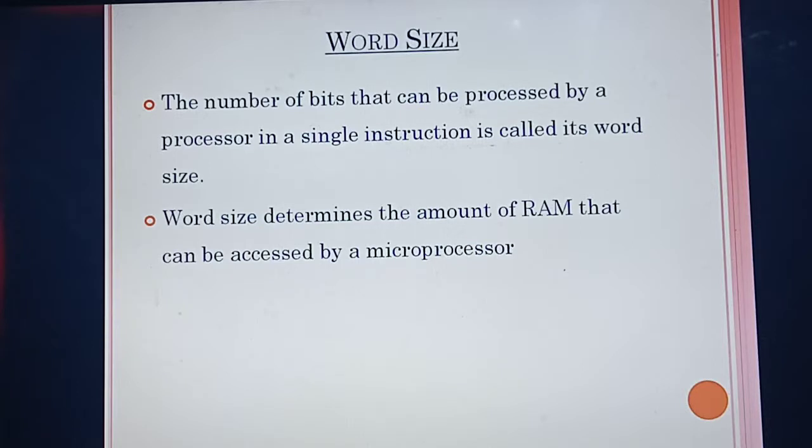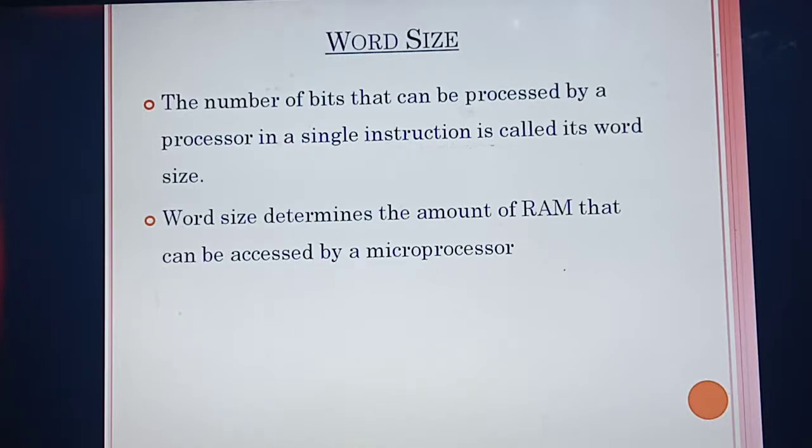Understood? For one instruction or one command, the number of bits processed by the processor is called what? Word size. That is important. A single instruction, the number of bytes required for processing, is called word size. Understood? Also, this word size determines the amount of RAM that can be accessed by the microprocessor.